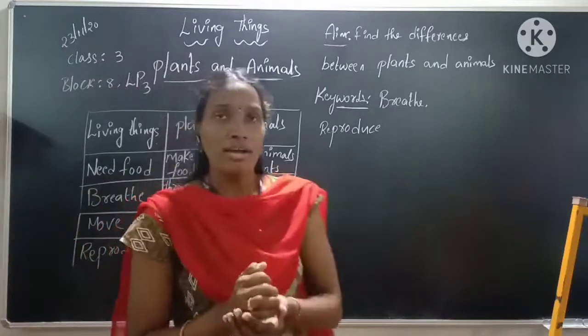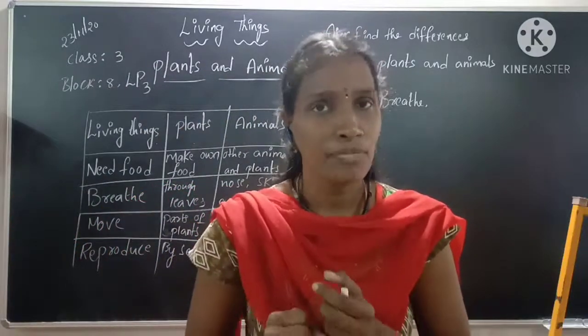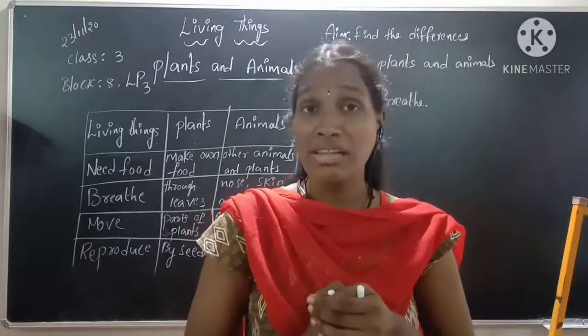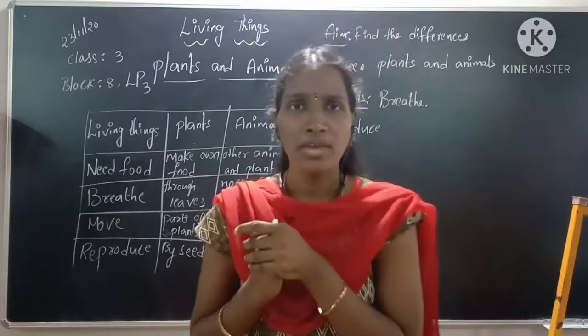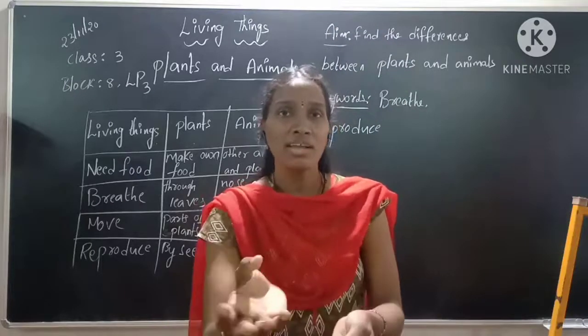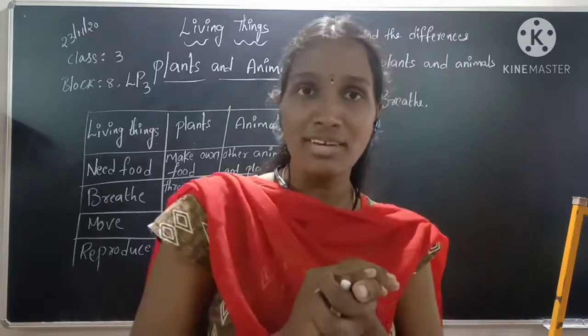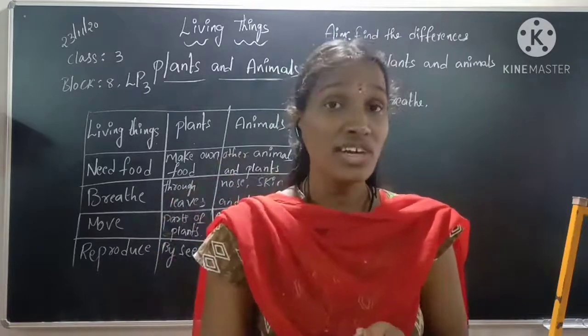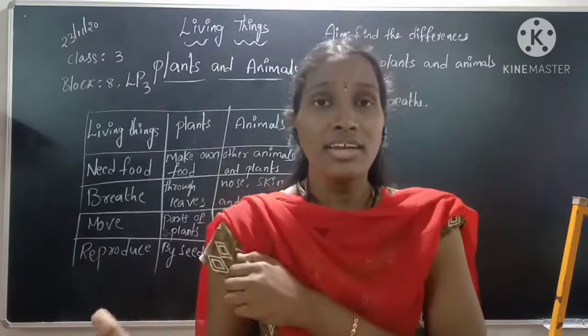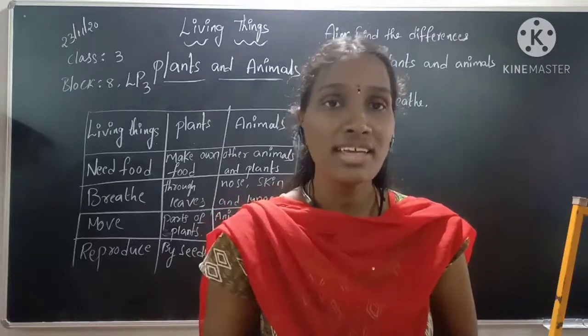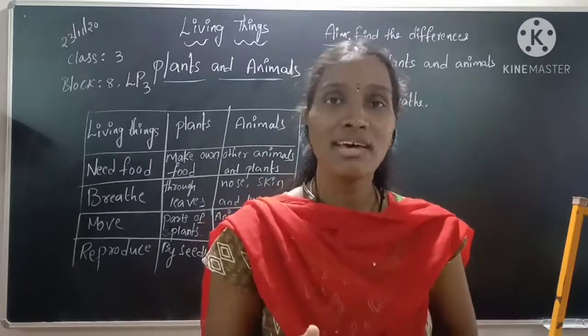Now tell me, do animals have feelings? Yes. And already we know that animals have feelings. How can you say that? If we touch any animal, if you have a puppy and you touch it, it can feel very happy. Yes, we can say that. So animals have feelings.